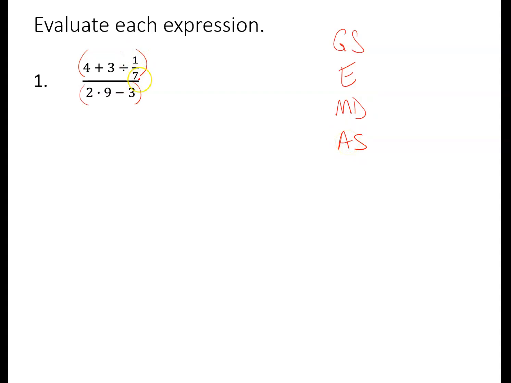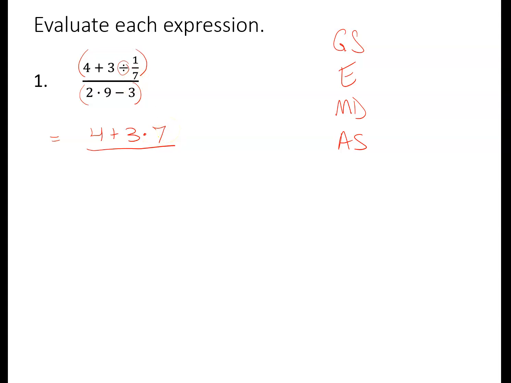Now we are dividing by a fraction, and the rule for that is to multiply by the reciprocal. So I'm going to bring down the 4 plus 3, and then I'm going to change my operation to multiply, and the reciprocal of 1/7 is 7. If you flip it, it becomes 7 over 1, and 7 over 1 is equal to 7.